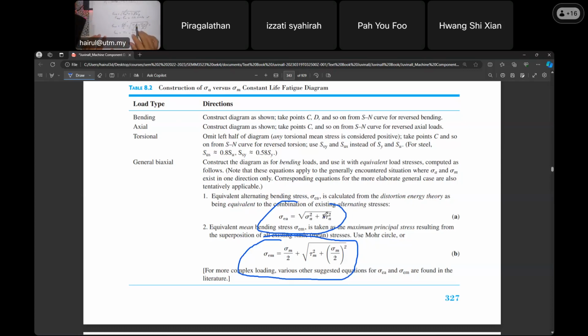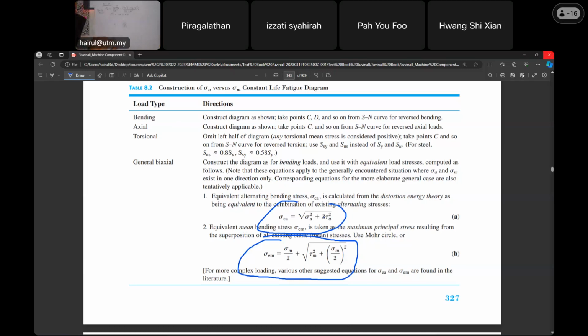In our case, our safety factor is Sn over our sigma E in the denominator, but we must focus on sigma EA and sigma EM, the amplitude and the mean. So how do we put them into the equation? The equation is like this, guys. As I mentioned, Sn over sigma E, actually it's not just sigma E. We must focus on sigma E alternate and sigma EM that we just calculated.